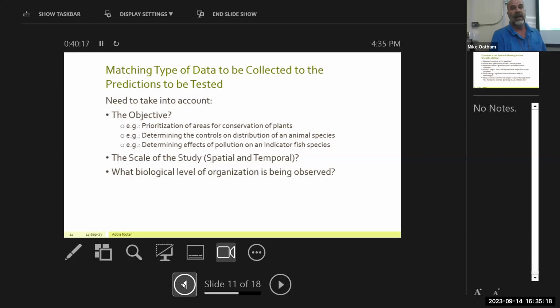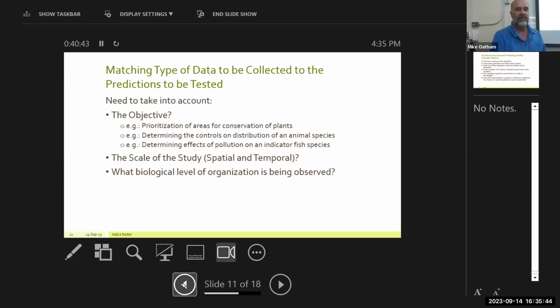Okay? Are you, for instance, determining the controls on distribution of an animal species? So what sort of data would you need to collect there? Okay? So the objective is controls on distribution of animal species.